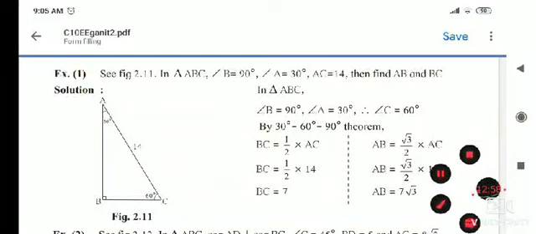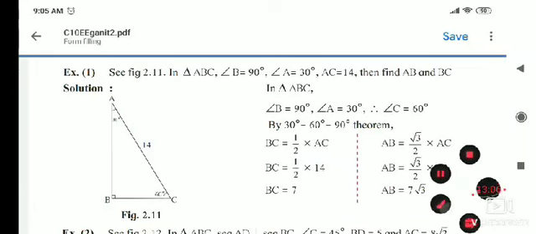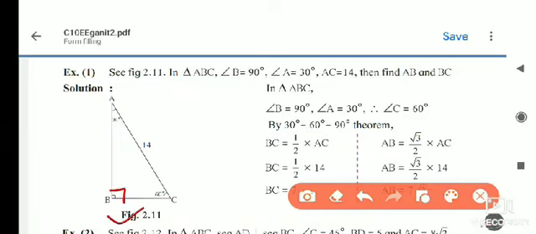In these examples, the question is given in triangle ABC. In this triangle ABC, angle B is equal to 90 degrees, A is equal to 30, AC is equal to 14. Find AB and BC. Just now I revised the 30-60-90 theorem. As I told you, the side opposite to 30 is half of the hypotenuse.